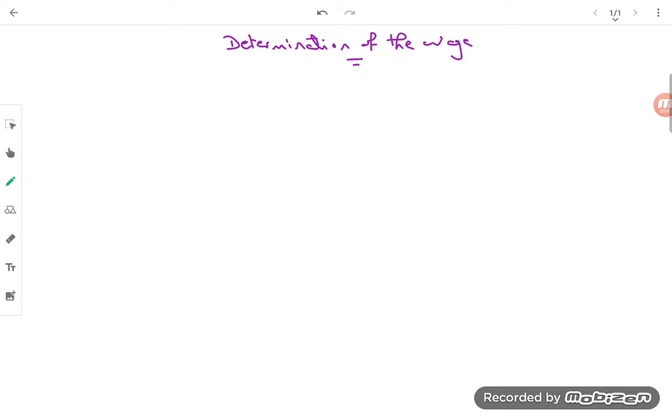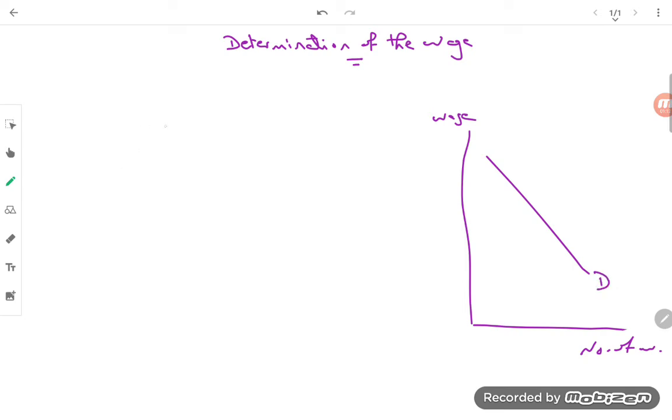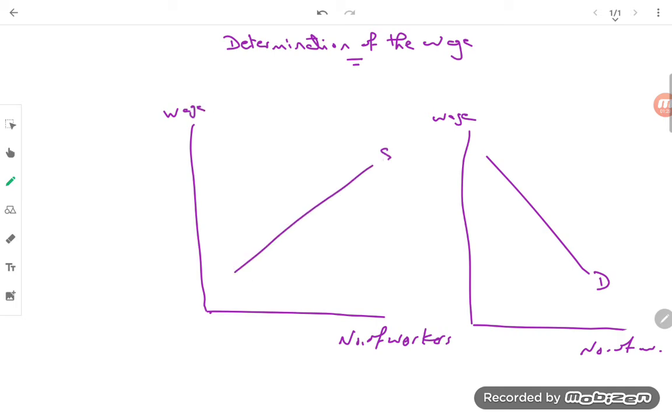And with respect to supply, we said that from the point of view of the market as a whole, the supply curve is positively sloped, which shows that as the wage rate increases, the number of workers who would like to find a job is going to increase.